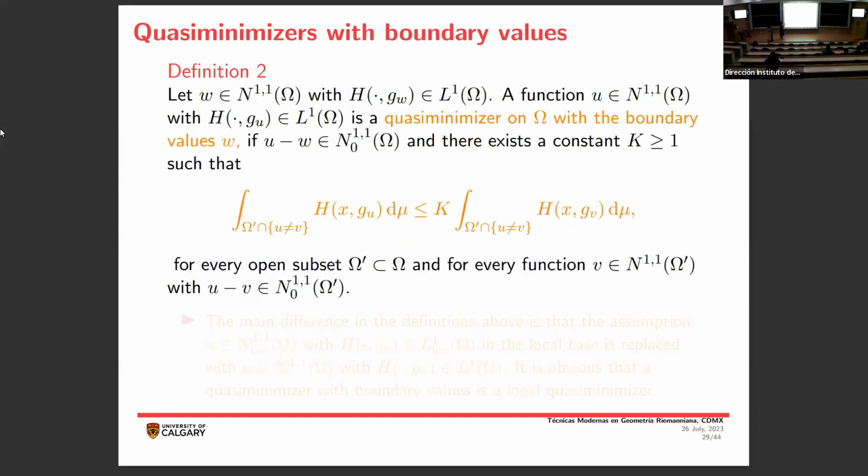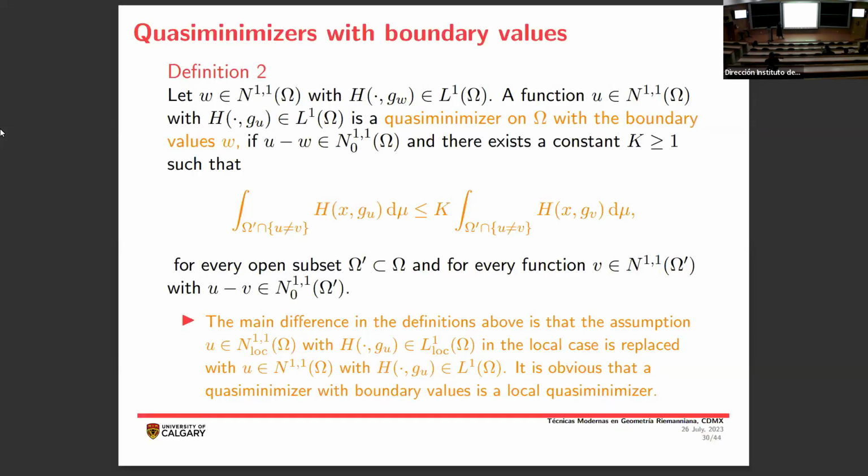So we start with w, our boundary data, and then we say that a function u in N^{1,1} with H evaluated at its upper gradient integrable is a quasi-minimizer with boundary values w if u minus w vanishes outside of omega, and there exists a constant such that this inequality holds for any test function. Now, the main difference between these two definitions that I just gave you is the function spaces. One is local and the other is not. So obviously, a quasi-minimizer with boundary values is a local quasi-minimizer.